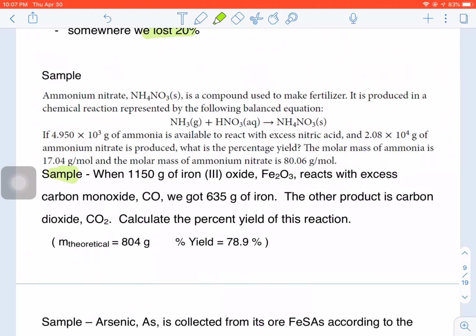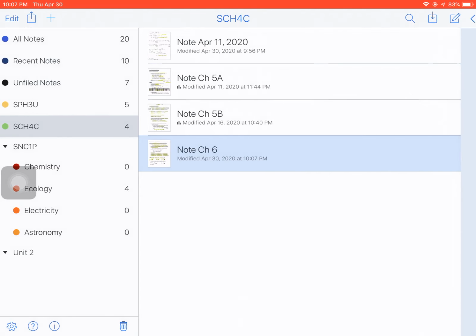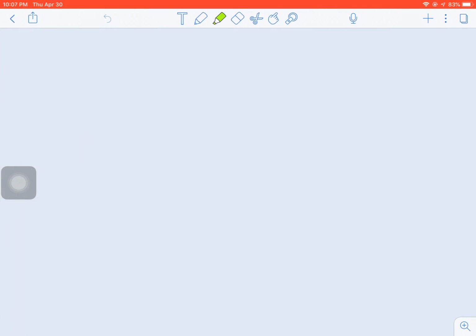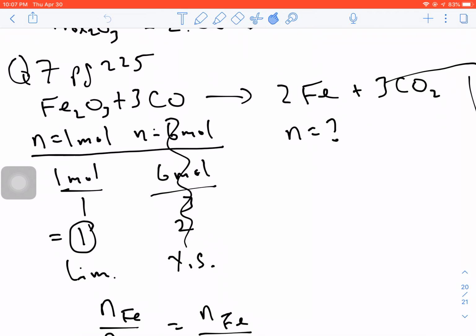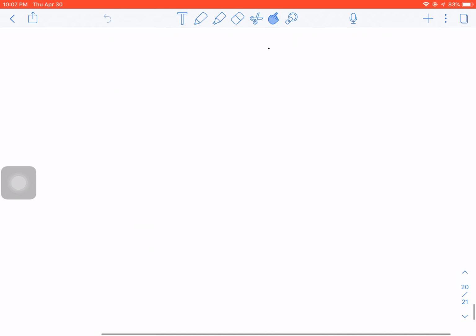It says when 1150 grams of iron 3 oxide react with excess carbon monoxide, we got 635 grams of iron, and the question is, calculate the percent yield. Okay, so let's go to our whiteboard here. Here's the same equation that we were working with, so let's just start again.